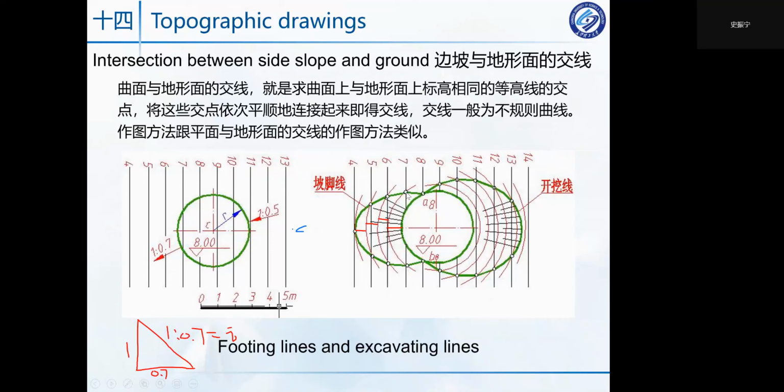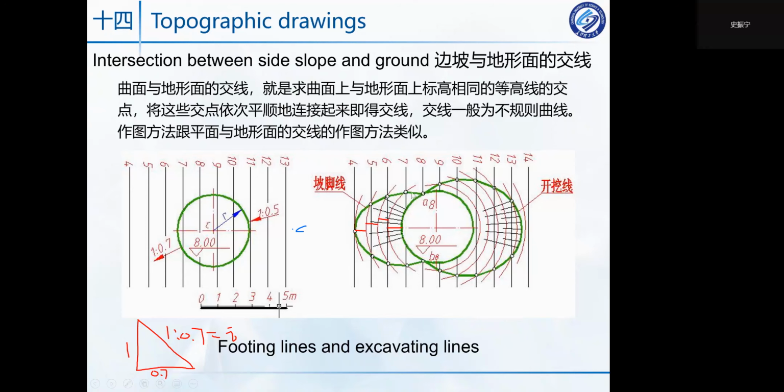And please note at elevation 7, this one and this one, they are two points. With the same procedure, you can find the cross points with the contour lines of elevation 6, 5, and 4.